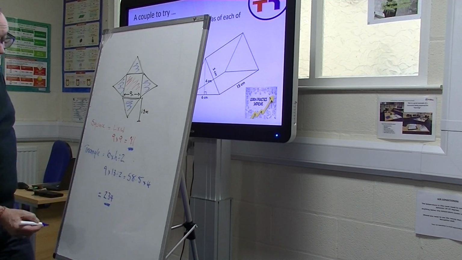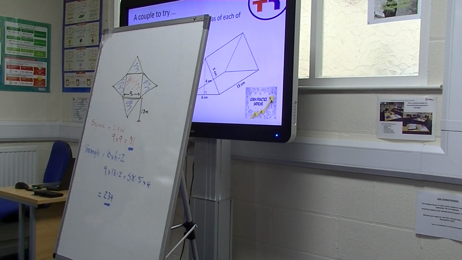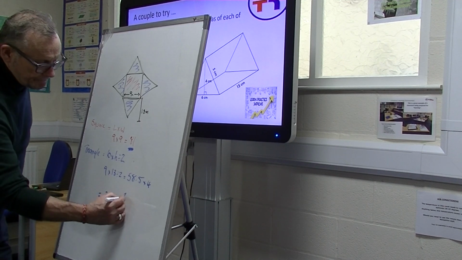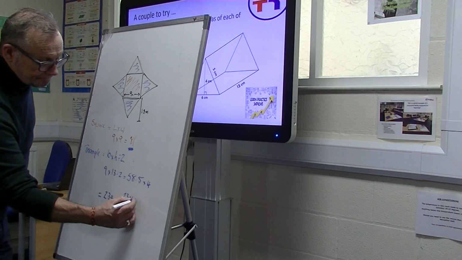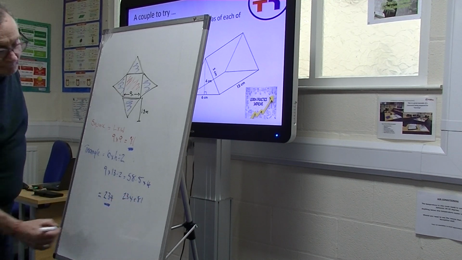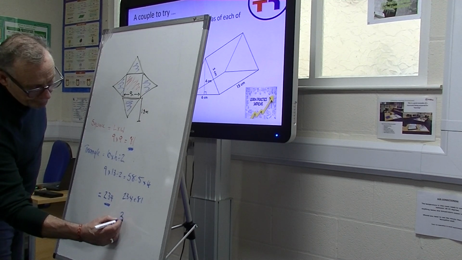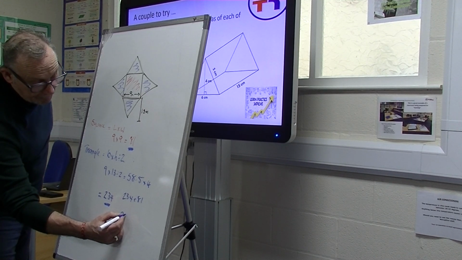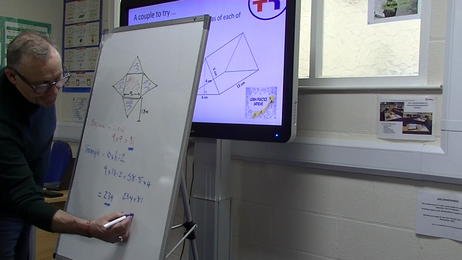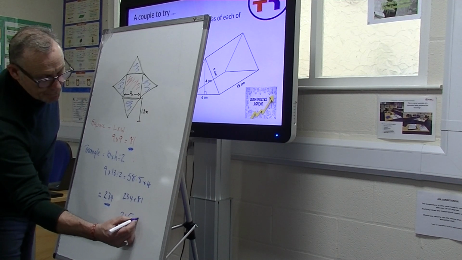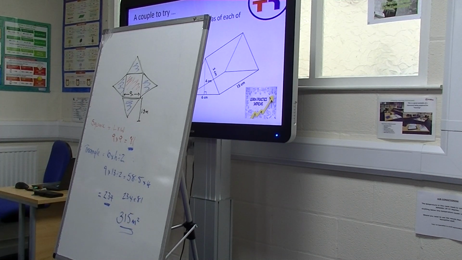That's the triangles, 234. We add those two together, which gives us 315 square meters.